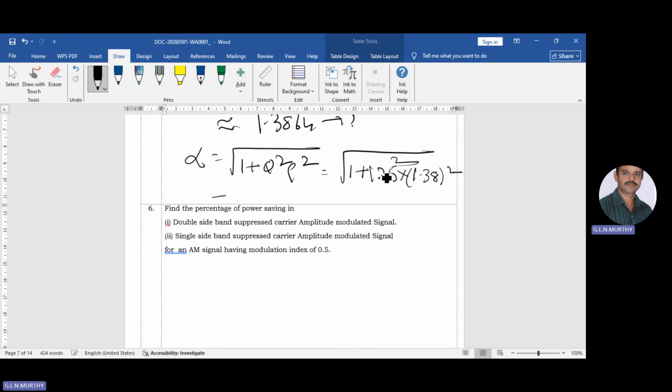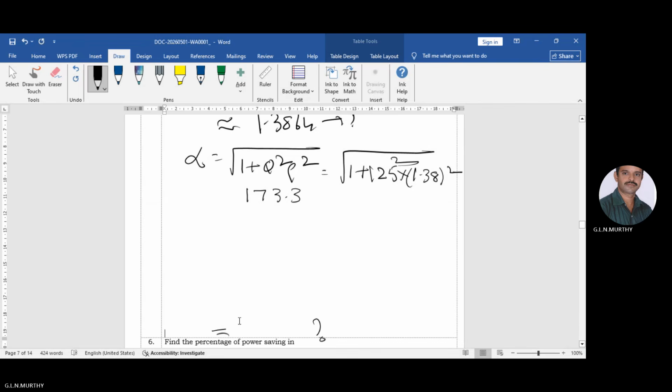So the alpha value in this case will be roughly 173.3. Again, verify. Don't mug the answers. This is for case 1.